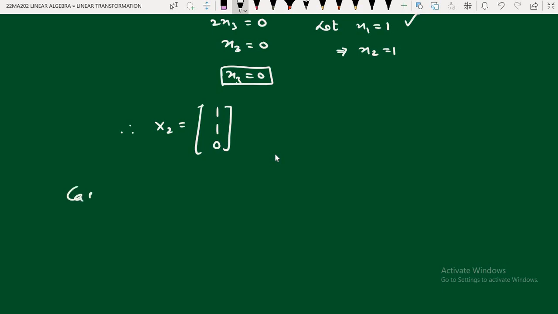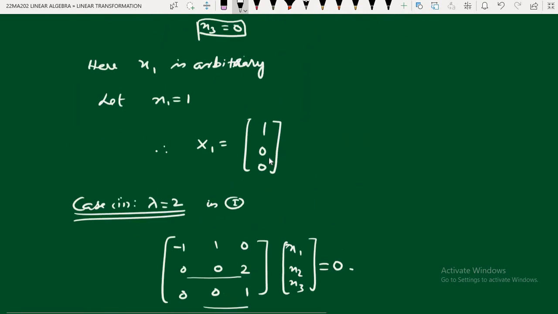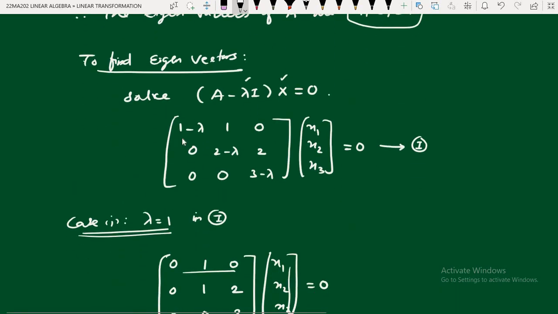Right, next case 3. For case 3, lambda equal to 3, we have to substitute in equation number 1. If you substitute lambda equal to 3 in equation number 1, you get the matrix minus 2 1 0, 0 minus 1 2, 0 0 0. The last row will be 0.